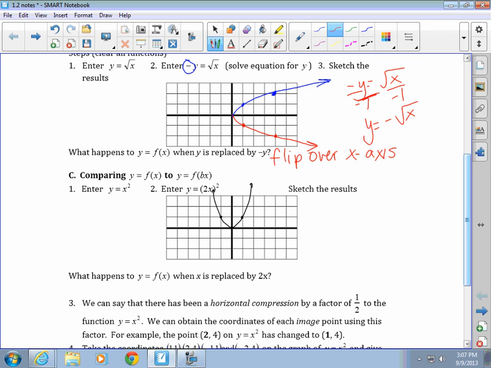Okay, so C, instead of just putting a negative inside that bracket, what happens if we actually multiply something to our x values? Our basic graph, y equals x squared, is just that parabola. Now y equals 2x squared.